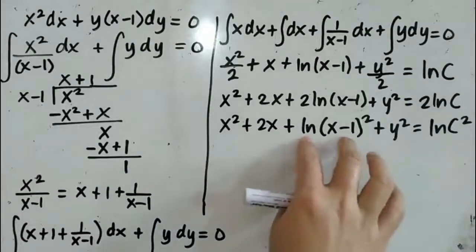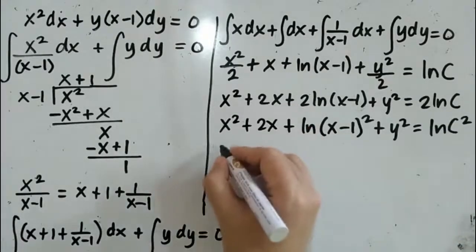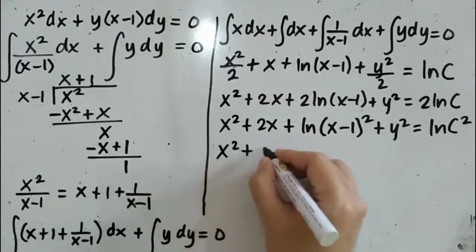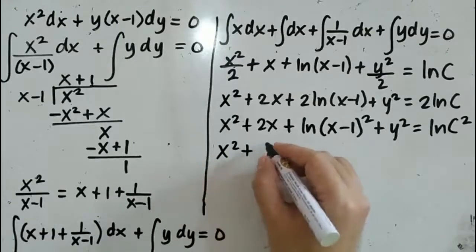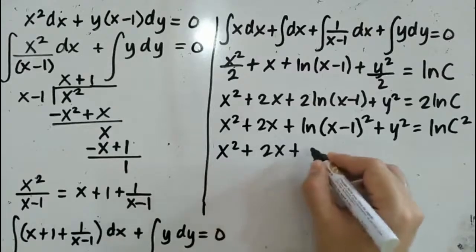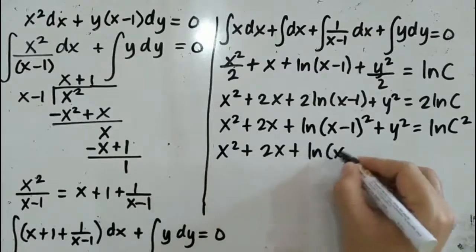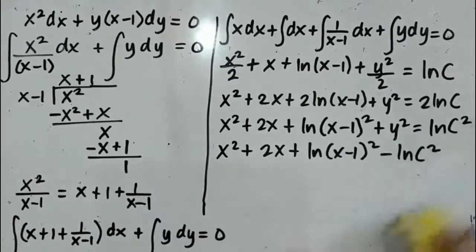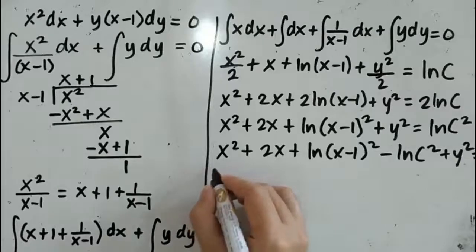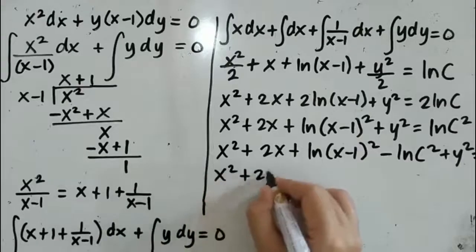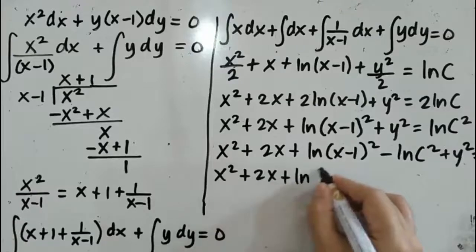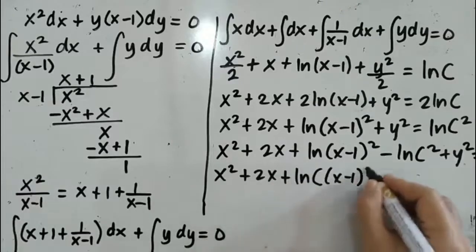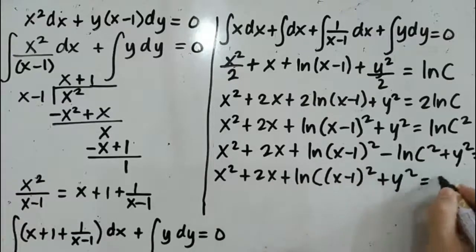Then we can combine them here, so this becomes x squared plus 2x plus ln of x minus 1 squared minus ln of c squared plus y squared equals 0. So this becomes x squared plus 2x plus ln of c times x minus 1 squared plus y squared equals 0.